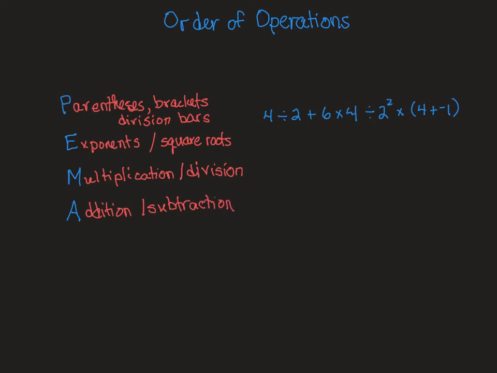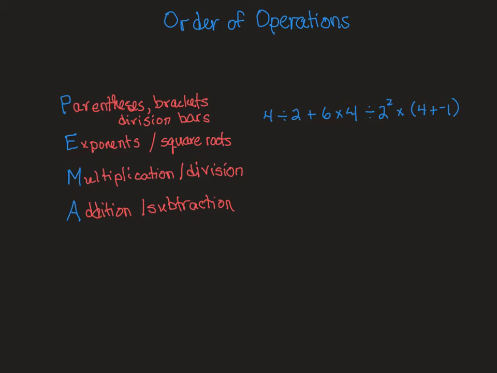So there are four, what did we say? Listen carefully, four levels of the order of operations. I have a problem to the side, and I'm going to show you how you need to do this. Whenever you're doing equations, you need to show your work at every step.